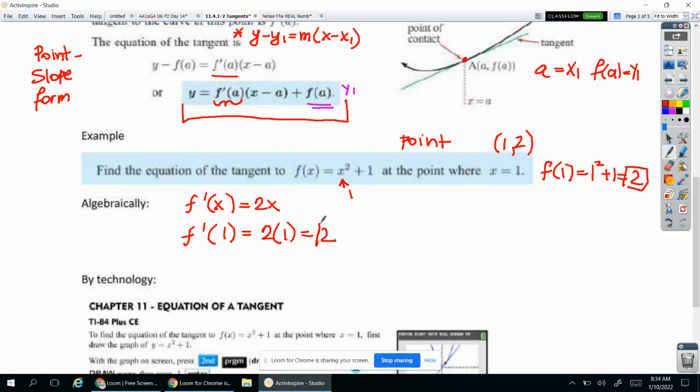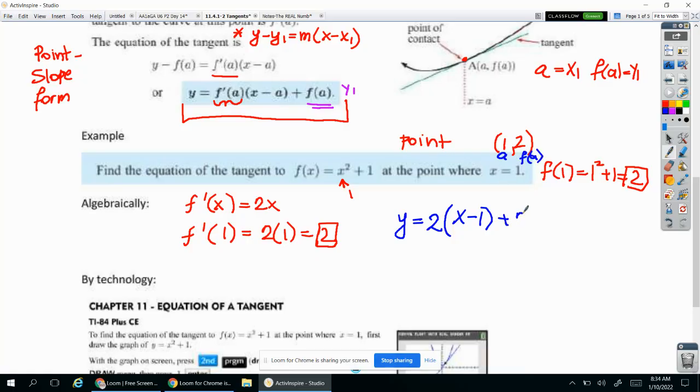All right, now we're ready to write this equation, to substitute all the values in the equation. Here's the equation, so y equals. Now instead of f prime of a, I'm going to substitute that with 2. So that's my slope. And then I'm going to write x minus, and then the x coordinate, or the a, is 1. And then plus, what's f of a? Well, that's just 2. f of a is 2.